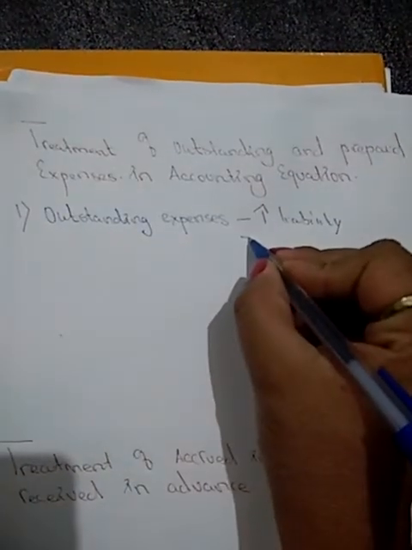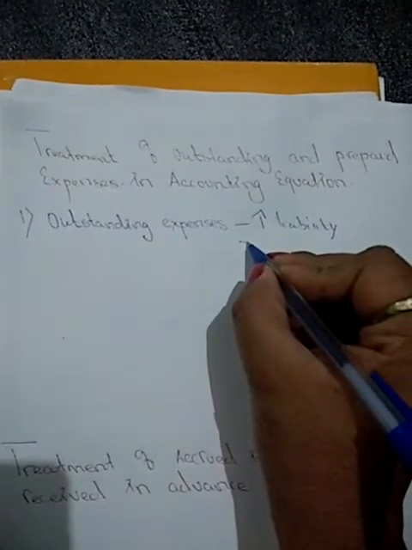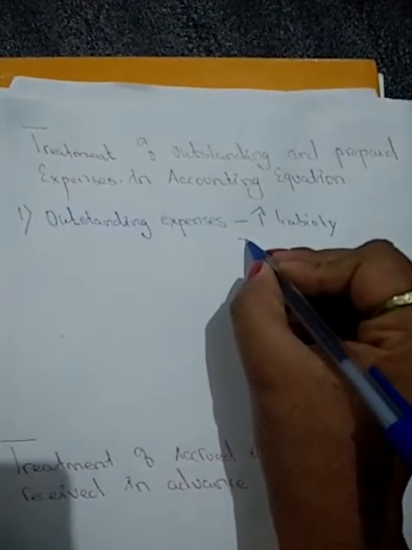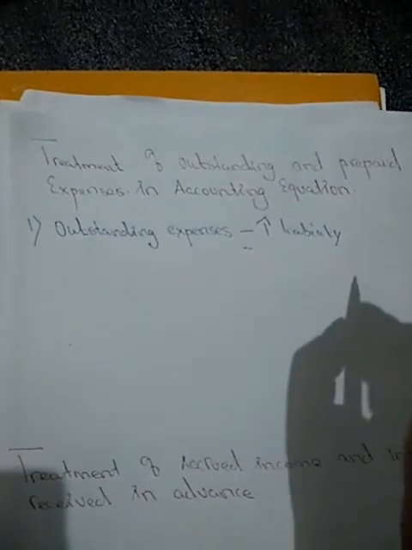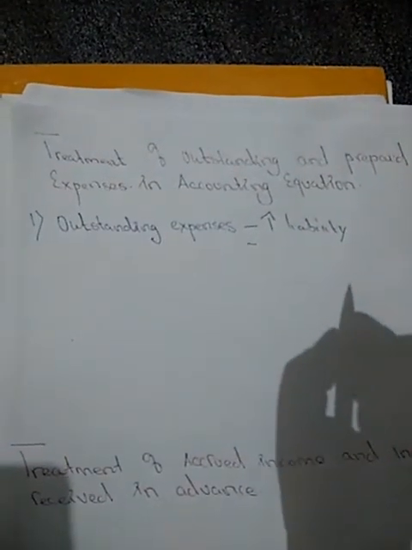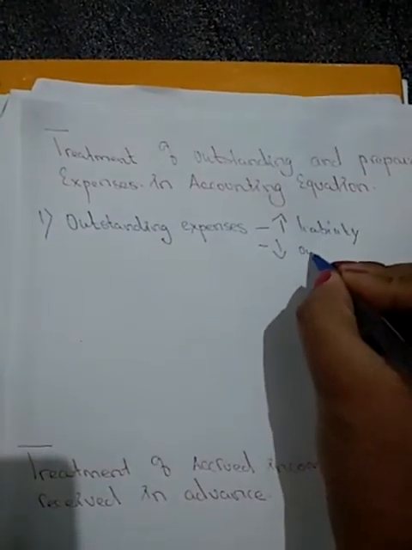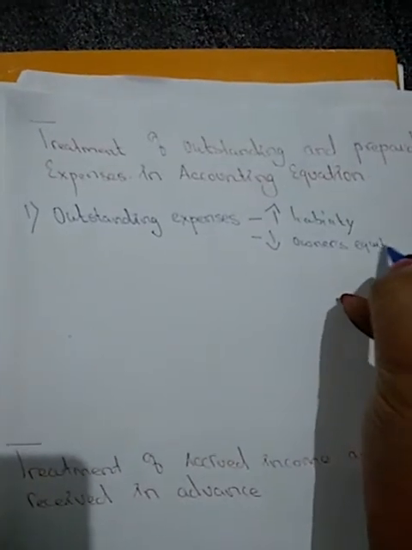And from where will you pay money? From the capital you have in the business, no? So the capital you have in the business is known as owner's equity. So whenever you pay amount due from the owner's equity, your owner's equity will decrease.